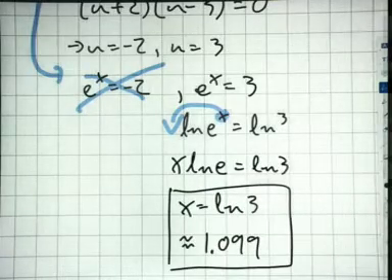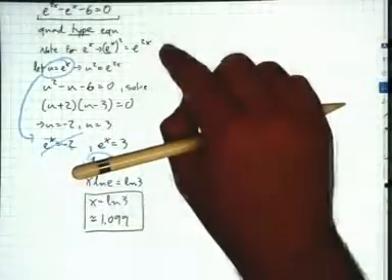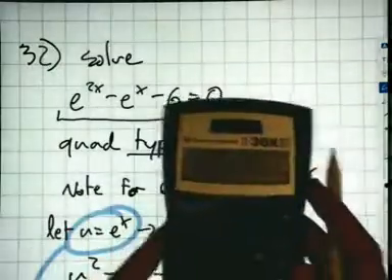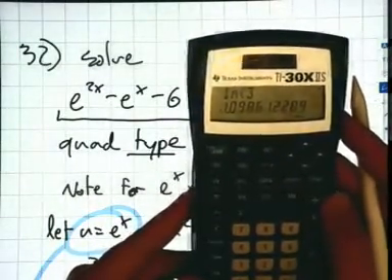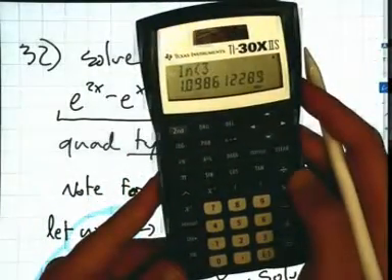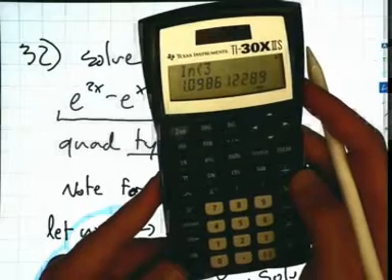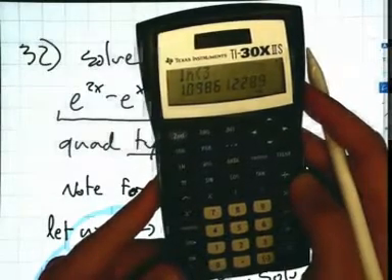Now, take time with these problems to check your work. So, in my calculator, there's my natural log of 3, 1.099. I'm going to leave that in my calculator.